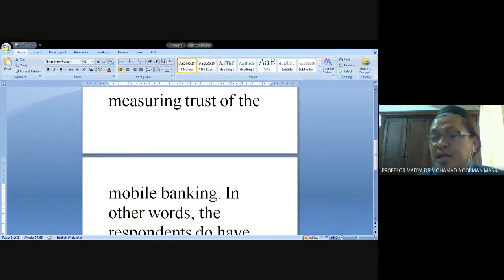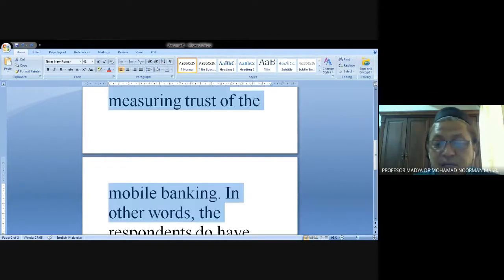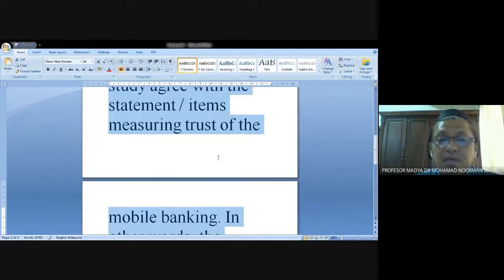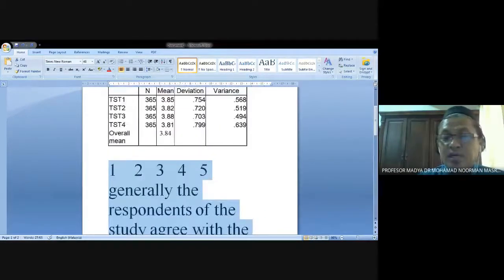So what is the rating? 3.84. Just now that we have measured, what is the rating? 3.84. And then how do you interpret that value? The rating given by user in terms of trust is 3.84, which means that the user has trust in the mobile banking services. Okay, what about ease of use?